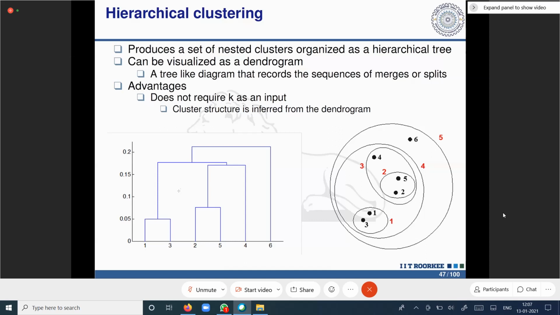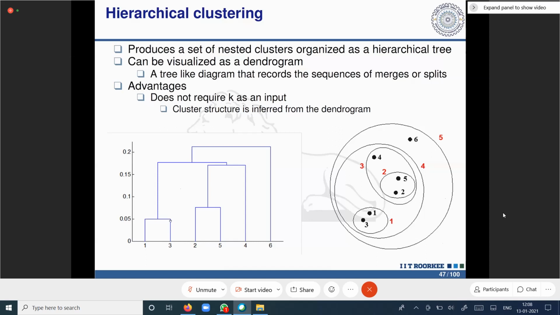It's a tree-like diagram that records the sequence of mergers or splits. So how we merge 2 points is recorded in this. And the advantage is that it does not require k as an input, because for k-means we need to tell the algorithm to find 5 clusters or find 7 clusters. But here we don't need that, and instead we use this dendrogram to infer the cluster structure.